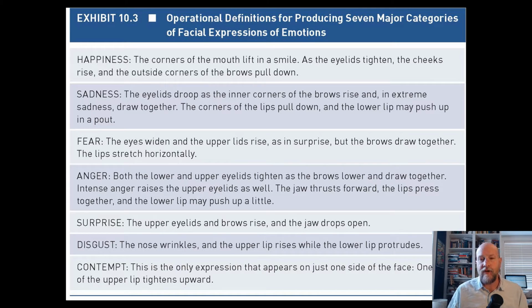If you try to mimic these descriptions, what you'll find is that you're presenting a relative facsimile of that emotional expression. It was really through careful study and examination of lots and lots of different subjects that they found these consistencies. But anyway, the idea is this is a really good operational definition of something relatively abstract, which is how we convey emotions through our faces.